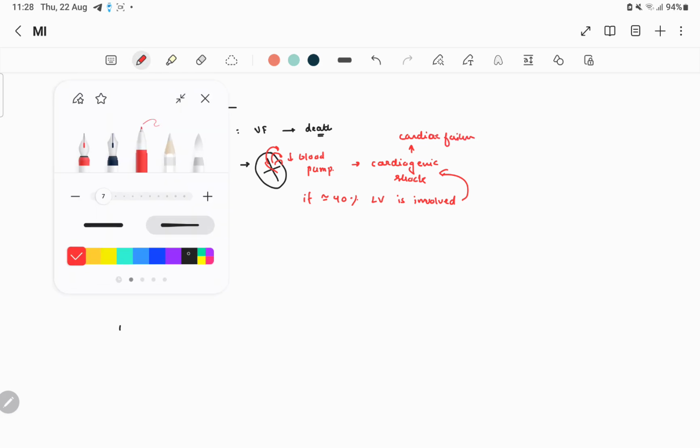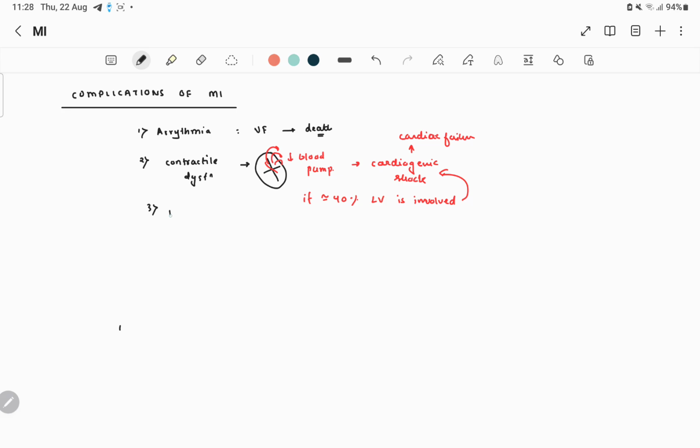The third complication is papillary muscle dysfunction. You know what the papillary muscles are, if you have seen the heart.